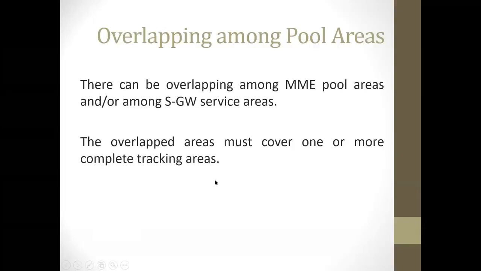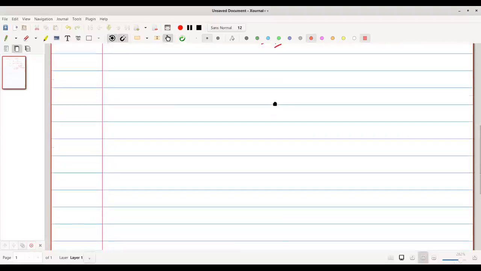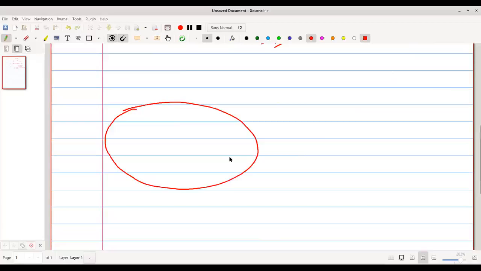Let us go back to our writing pad. This may be one MME pool area, indicated by a tracking area list.